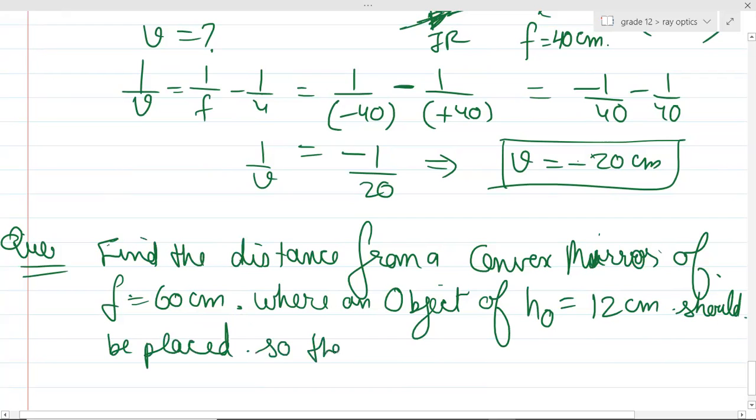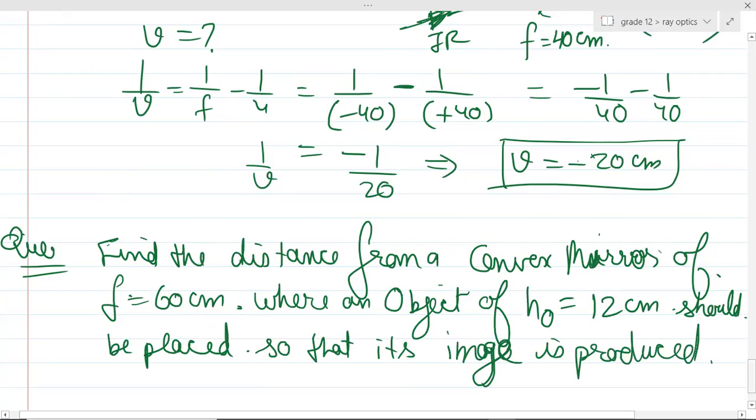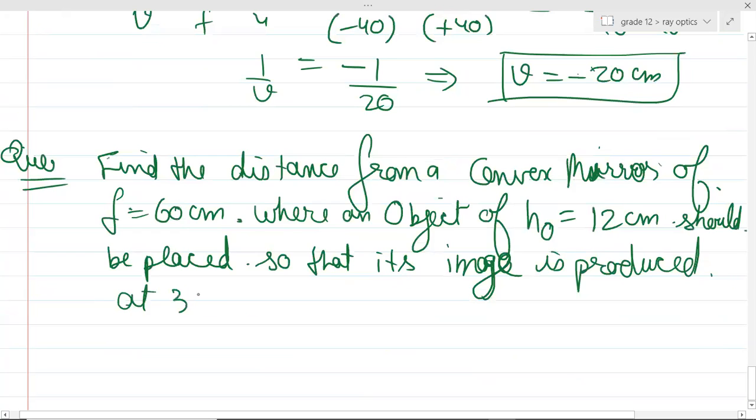so that its image is produced at 35 centimeter from the mirror.